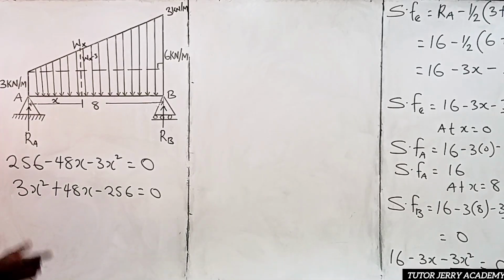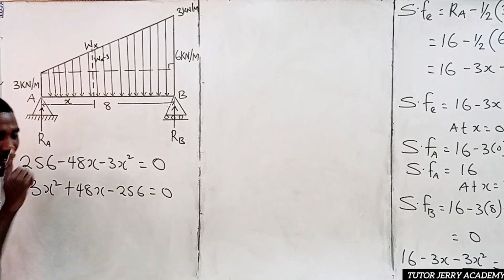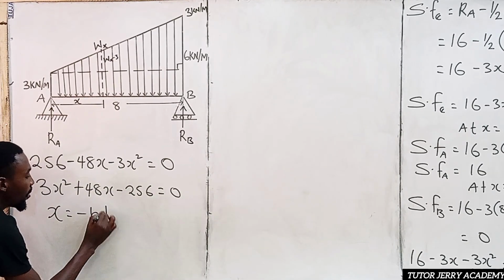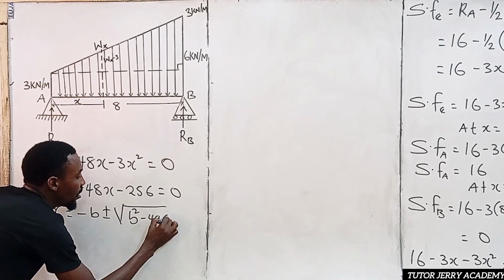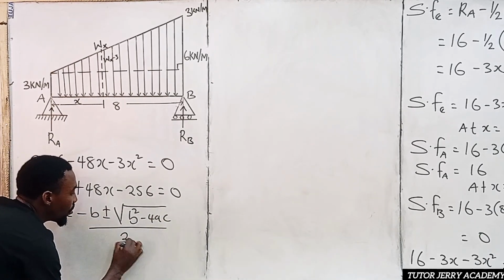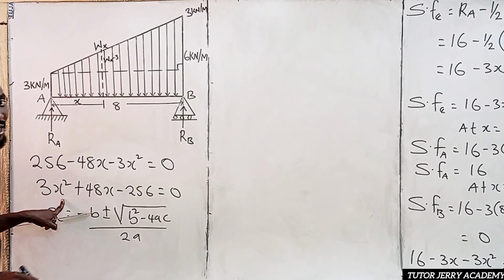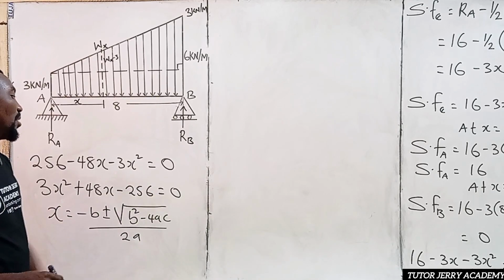Alright. And you can just apply your quadratic formula here. So from the quadratic formula, we have our S equal to minus B plus or minus the square root of B squared minus 4AC all over 2A. Alright. And we know that our A is the coefficient of S squared, our B is the coefficient of S, and our C is the number here.